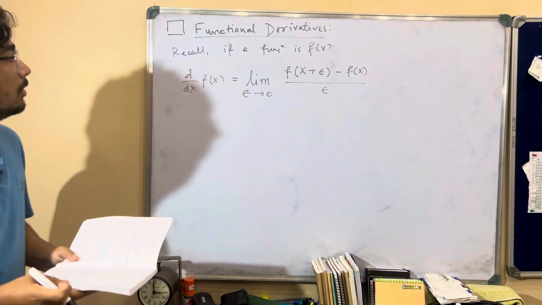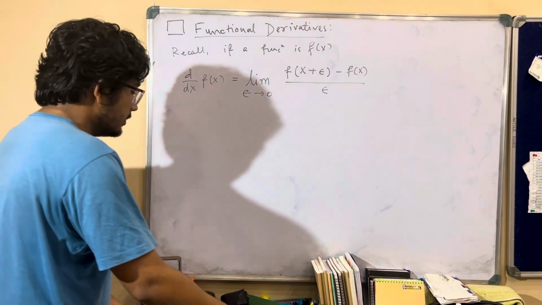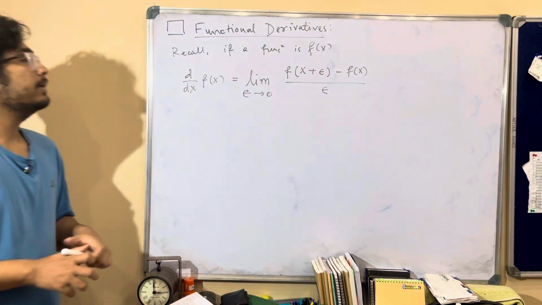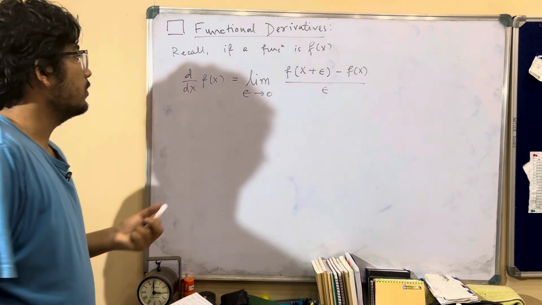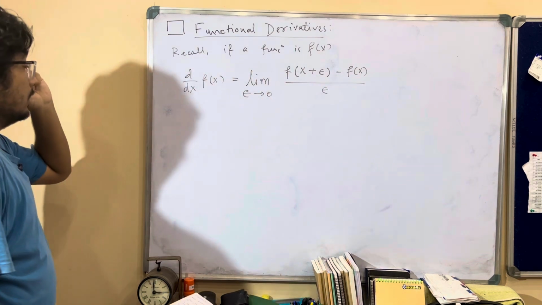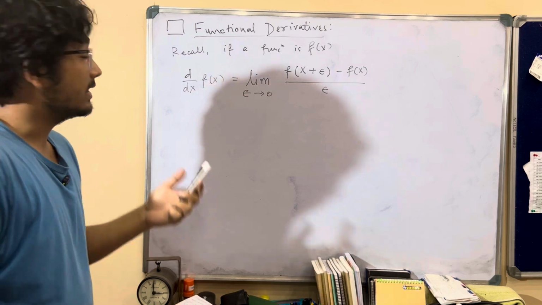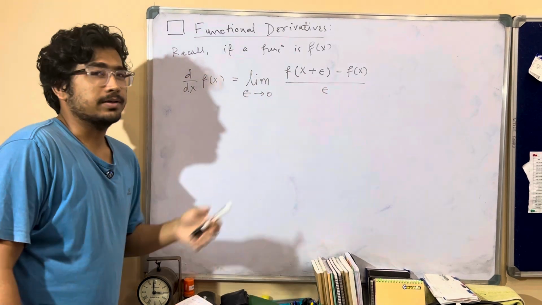I hope you all have taken a calculus class and know this definition. This is a very fundamental definition, and if you cannot recall it, you can look it up in high school mathematics textbooks or on the internet.